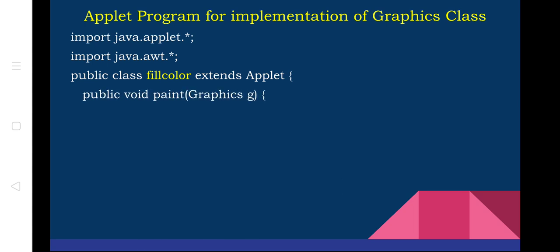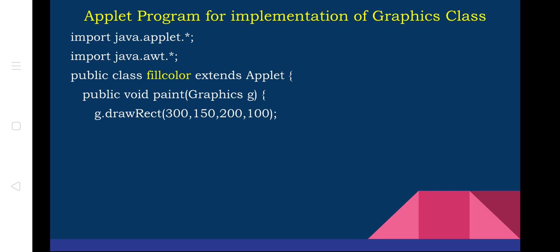Now let us define the paint method. As we know, the paint method helps to do the drawing in the applet, and it has to be applied on the graphics object g. Now the next line says g.drawRect(300, 150, 200, 100).